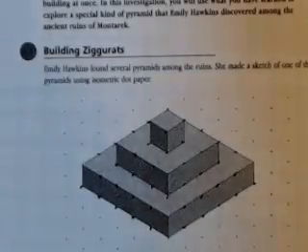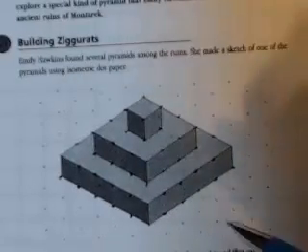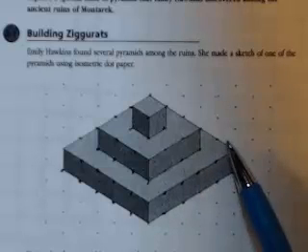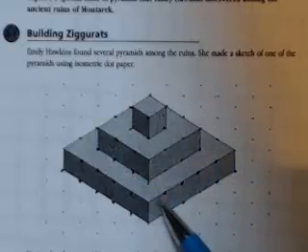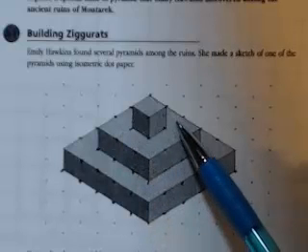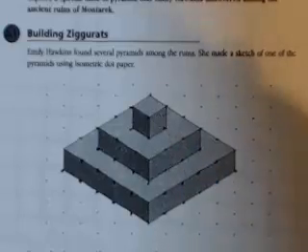So now the base plan of this ziggurat, if I'm looking at it going in this direction, would be ones around the edges and then twos in the interior and then 3 in the very center.